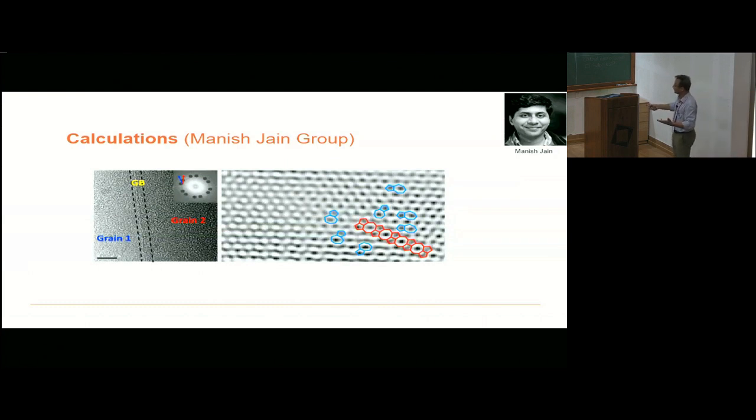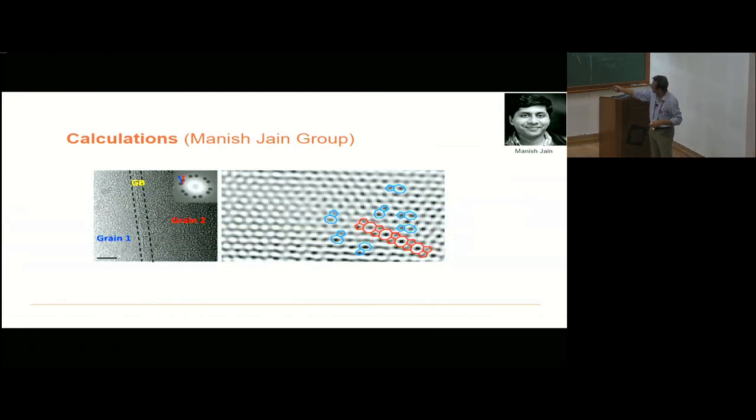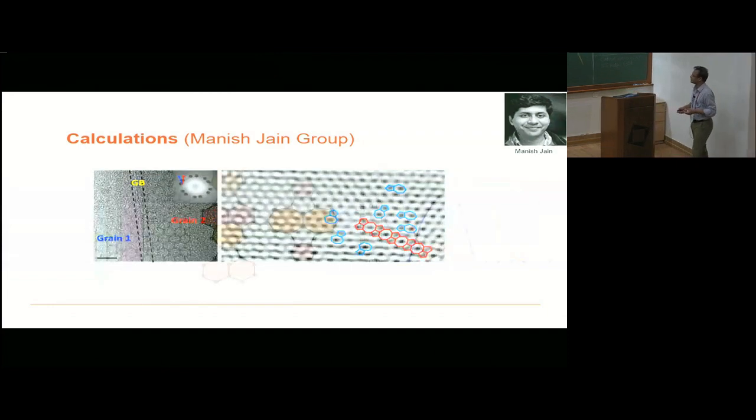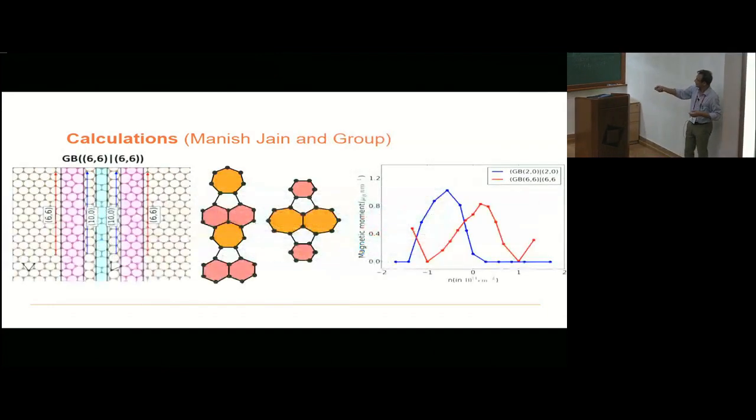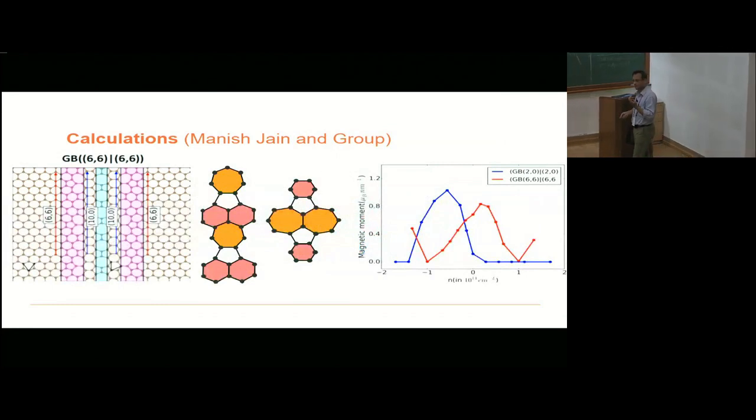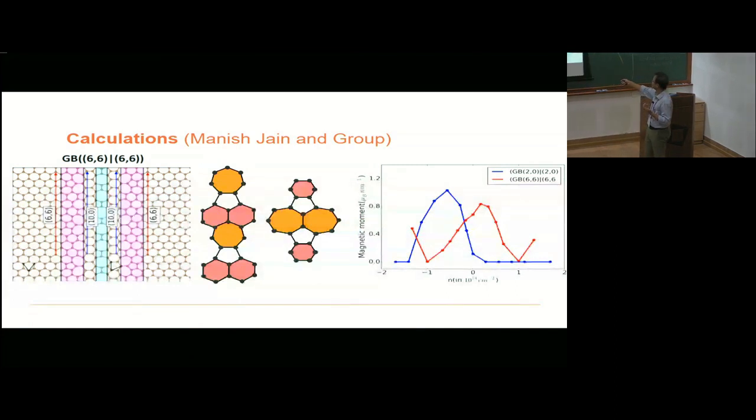I'm not an electron microscopy person, but I was told that you can actually look at these defects in these ways. There's a pentagon-octagon pair, and there are the standard heptagon-pentagon Stone-Wales defects. It turns out that calculations have shown that indeed the grain boundaries with the pentagon-octagon pair can develop magnetic moment, and these magnetic moments can be up to about 0.8 per defect.